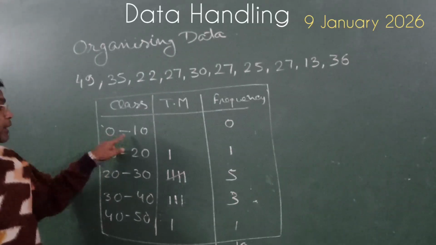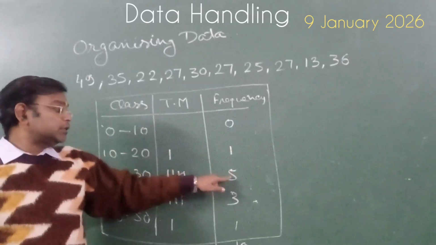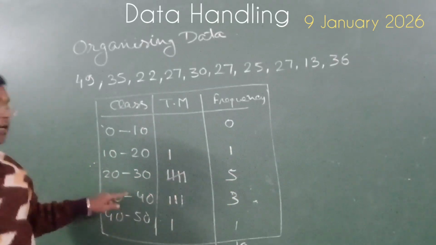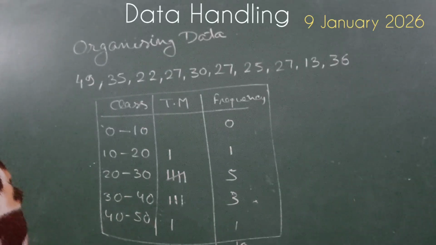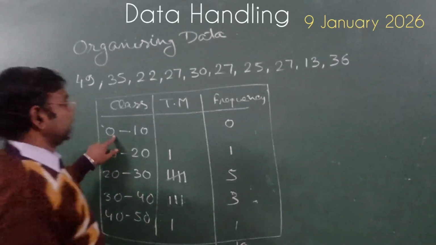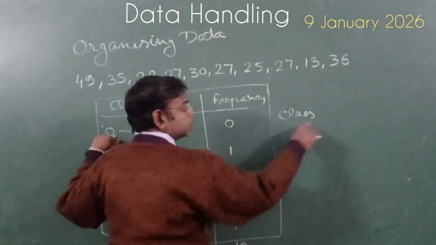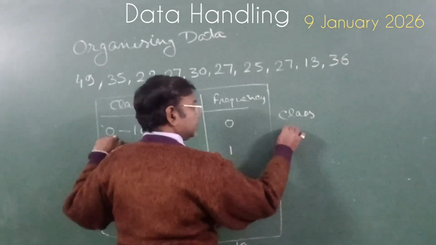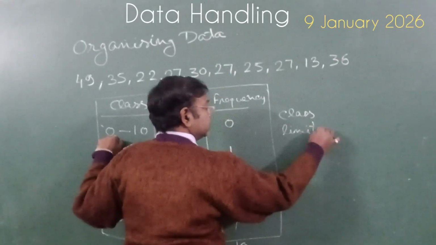And after this, we are having some numbers. These are the frequencies for the particular class group. After this, we are having class interval or class size. I discussed class, then I discussed the limits that come under the limiting range.